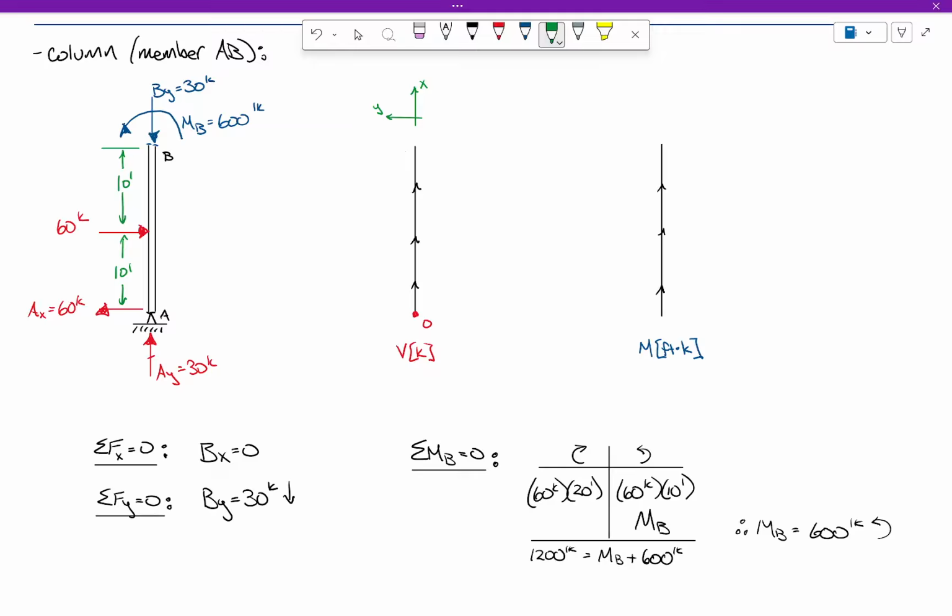That's exactly right. So it's going to go over, up, over. That's the shear diagram. That's it.